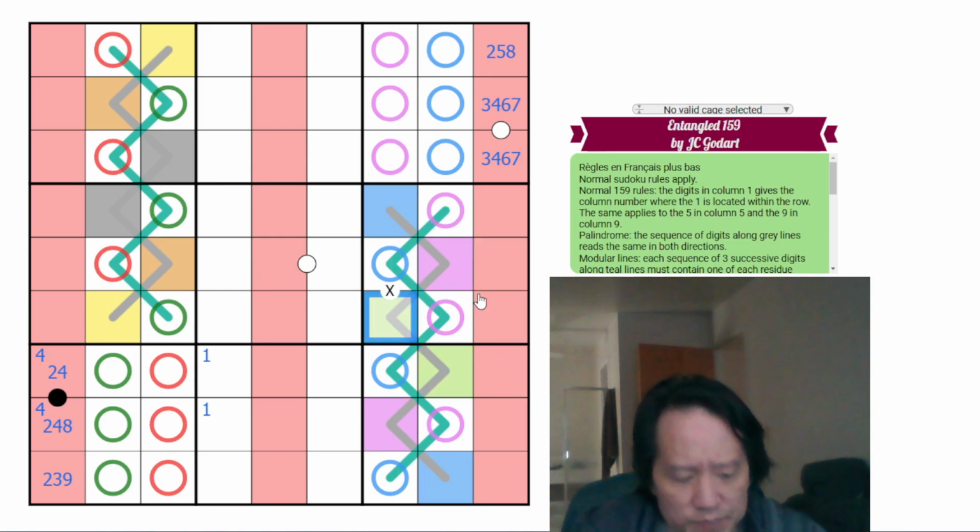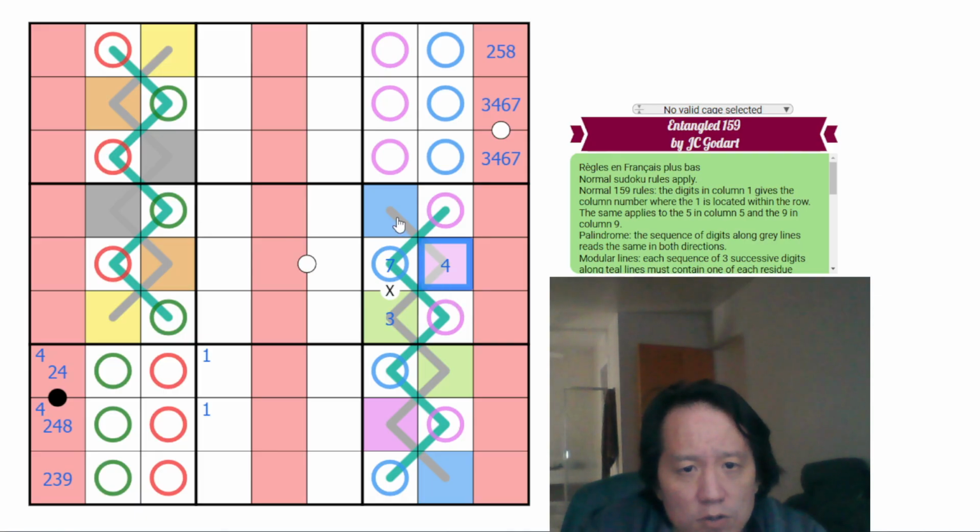That seems reasonable. If this is 3, this is 7, this has to be 4. This is 2, 5, or 8. We have 3, this is 4. This can't be 7, so 7 would have to be here.